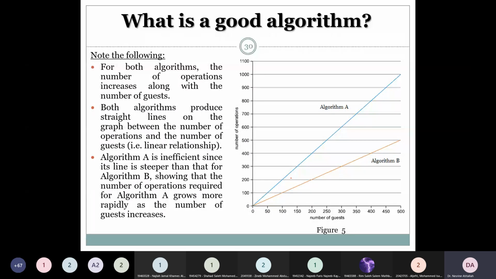Here we can see easily that algorithm B is less complex than algorithm A. Why? Because for example, with 1000 guests, algorithm B has only 100 operations, but with algorithm A we have 200 operations.